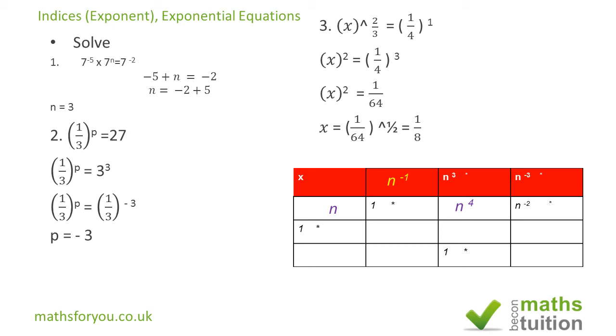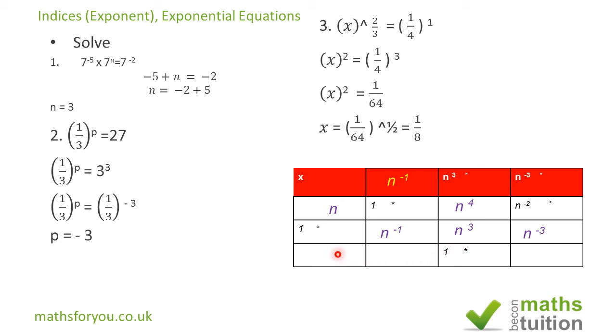Right. Now, for this row here, we want to multiply 1 by n to the power minus 1, and we get n to the power minus 1. So this is going to be n to the power minus 1, that's going to be n to the power 3, and that's going to be n to the power minus 3. Right. Now, we've got this here.